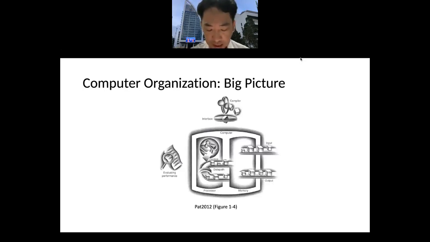And next, you can see that we have a control system, and we have the data path that connects everything in the processor. So all of this we are going to discuss in chapter 4.